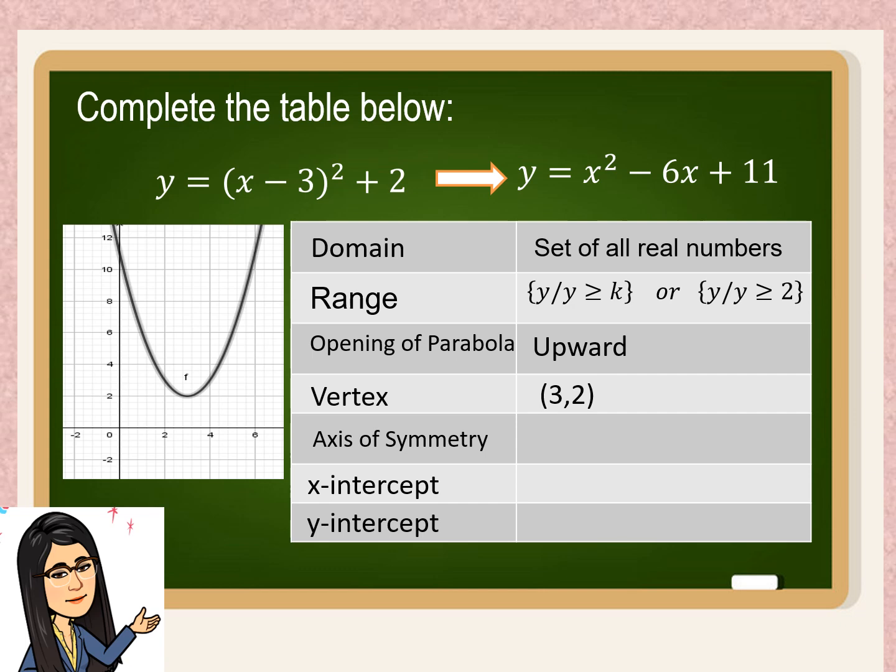Looking at the value of h, x is equal to 3. What is the x-intercept? Looking at the graph, it doesn't touch the x-axis. Therefore, there is no x-intercept. And which point touches the y-axis? The y-intercept is 11.